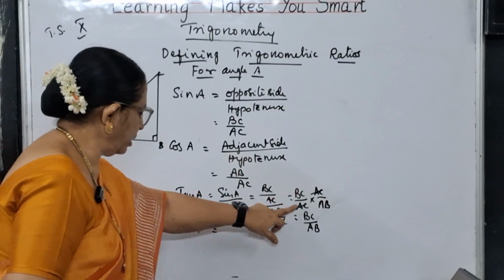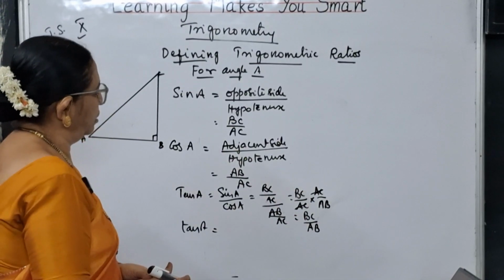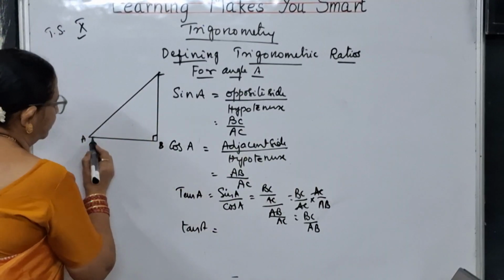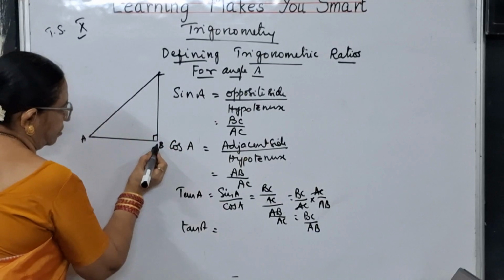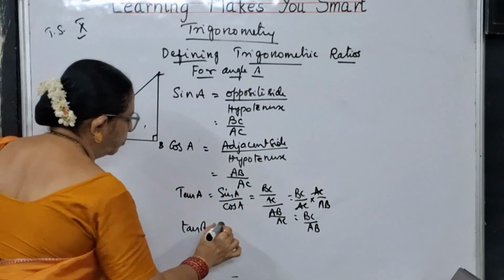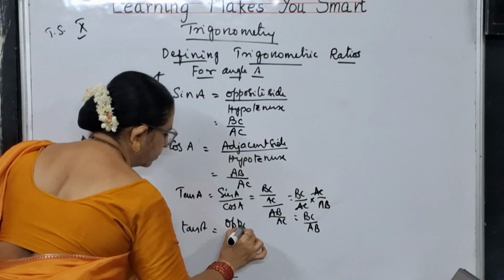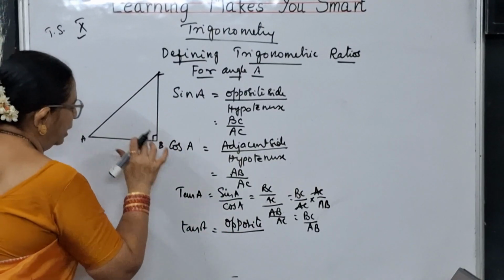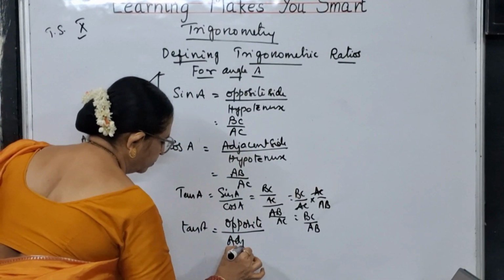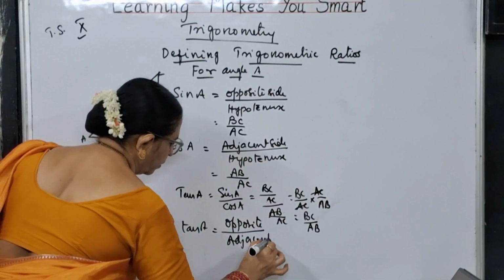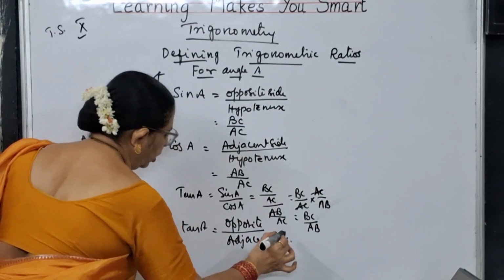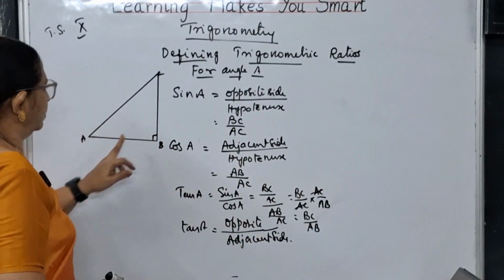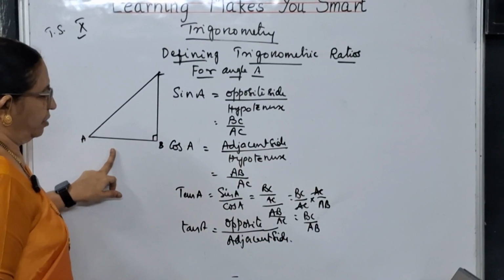So BC by AC into AC by AB, we are getting BC by AB. So BC for this is what side? Opposite side. By what is AB? Adjacent side. So the formula for tan theta is nothing but opposite side by adjacent side.